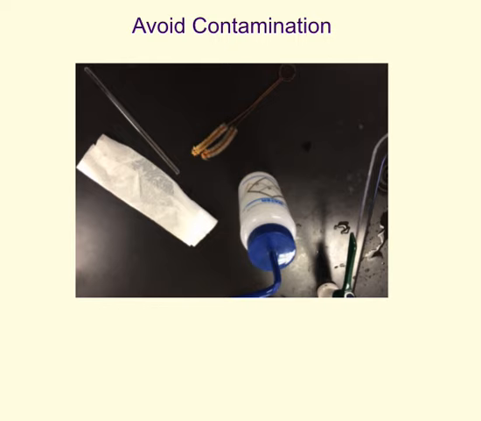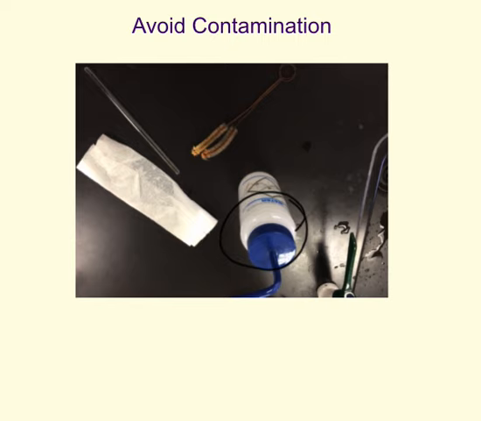So some things that can lead to contamination would be things like tap water. So you can go ahead and wash your test tubes, wash your stir rods, all of that stuff at the sink, but be sure at the very end, make sure that you rinse with your DI water. So you always need to have a DI water rinse at the end. A lot of these test tube brushes are going to be pretty dirty, so just be careful.